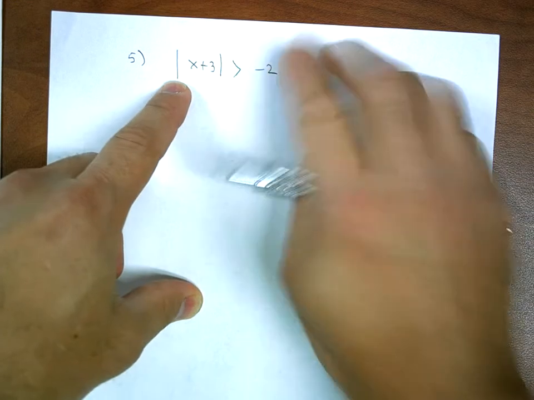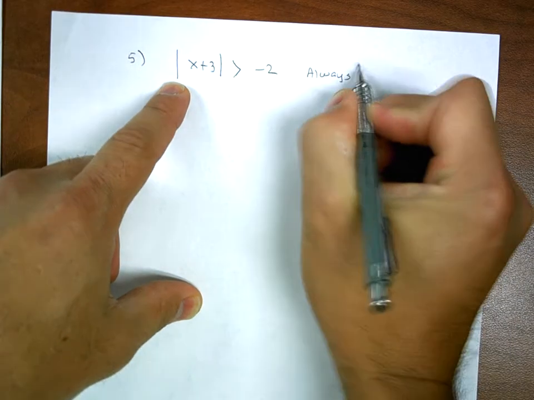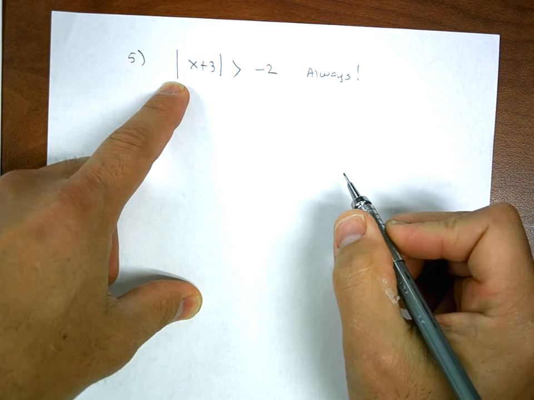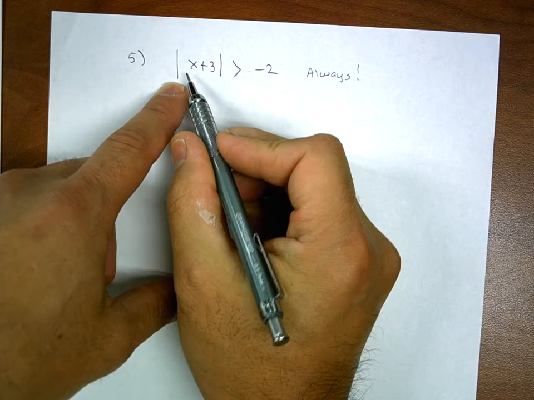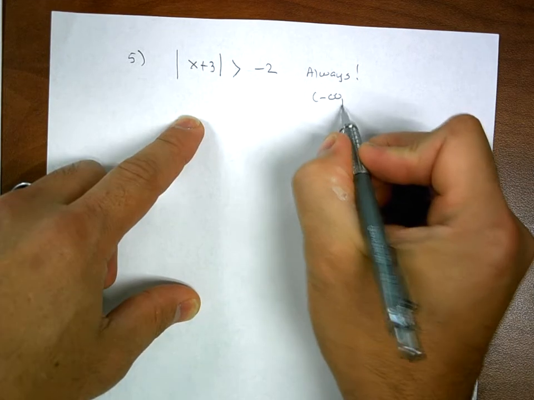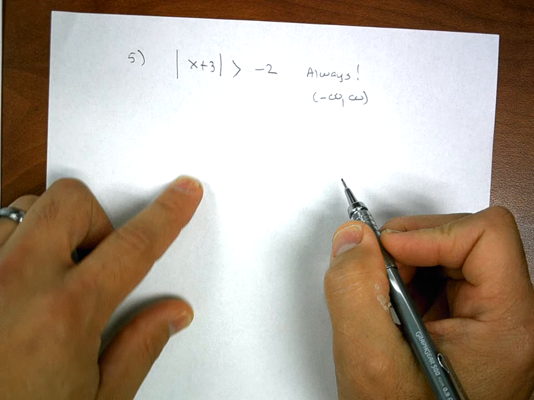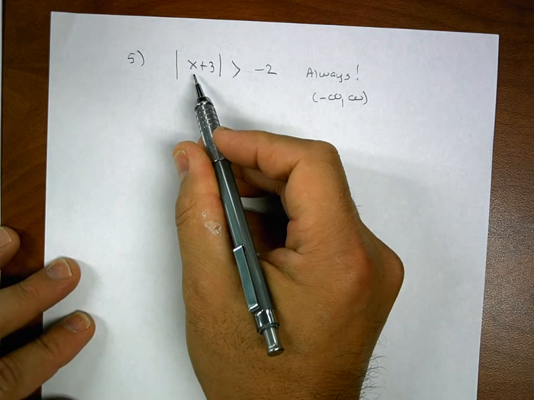So I'll even put always. So everything, I don't care what you plug in for x, it's a solution. It's going to work. So what's our answer? From negative infinity to infinity. Everything works. You give me a value for x, plug it in there, I can guarantee it works. Okay?